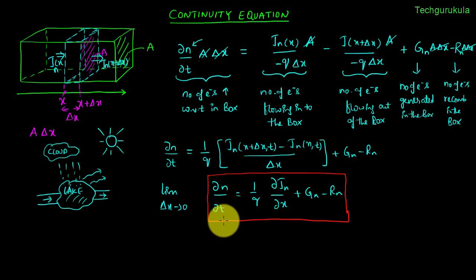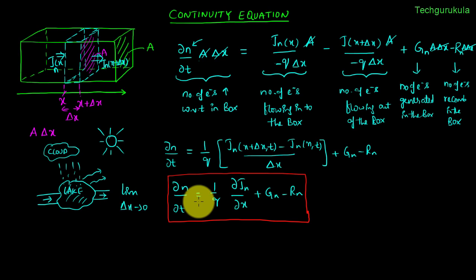When it is negative, the electron concentration in this box is decreasing, and that is attributed to the difference between inflow and outflow and the difference between generation and recombination. It talks about the conservation of charge, that charge is neither created nor destroyed. It is transferred from one place to another. Similarly, we can write the continuity equation for holes, where del p over del t is equal to minus 1 over q, because in this equation we took the electron charge as minus q.